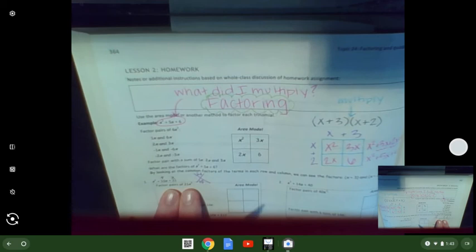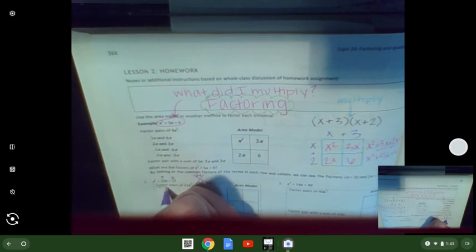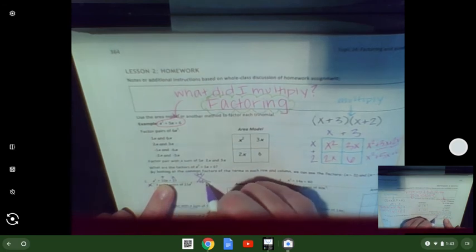Now you will notice here, it says factor pairs of 21x squared. Factor pairs means I need two numbers that multiply to 21x squared, and factor pairs with a sum means I need to add to 10x. So where did that x squared and the x come from? Well, the 10x makes sense because the 10 has an x after it. So where did the x squared on the 21 come from?